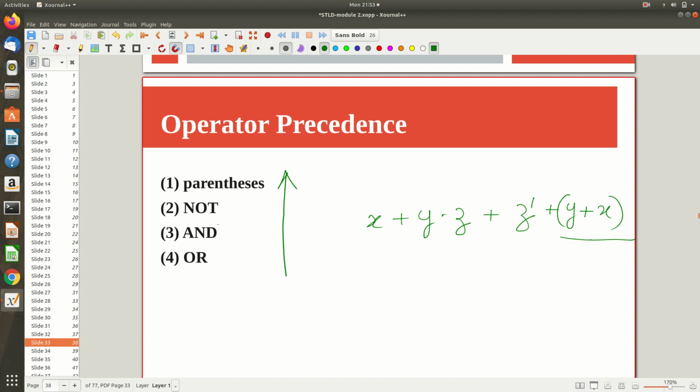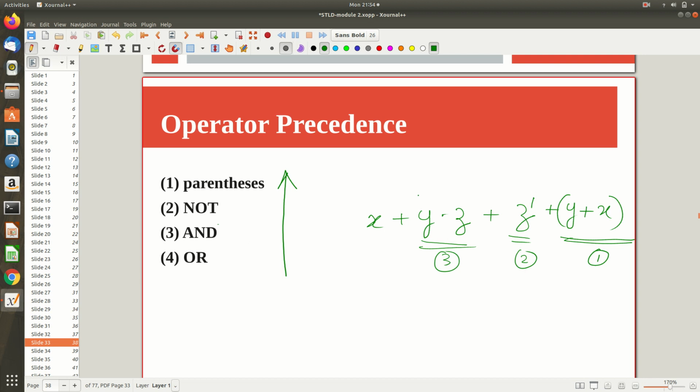So y plus x is going to be evaluated first, then this x dash will be evaluated, then this dot will be evaluated, then this plus will be evaluated. And here this plus itself repeats 3 times, where the associativity law comes in, precedence and associativity, right? By default this plus and dot, just like arithmetic operators, are left associative. It will be evaluated from left to right, but that is a language dependent concept.